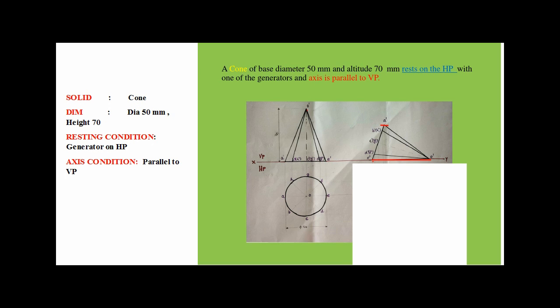So to find the distance between O dash to E dash, now with O dash as center and O dash E dash as radius, cut an arc. You will get the point A. So join A dash to E dash, then A dash to O dash. Similarly, find out the other base points in the HP.